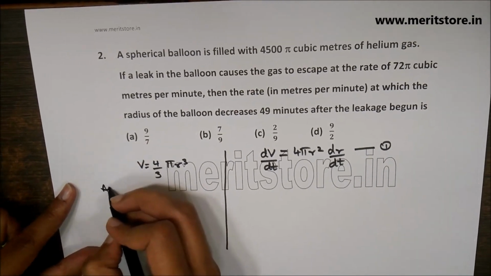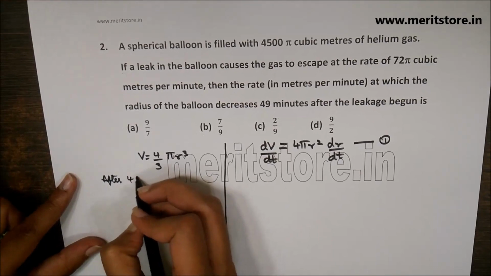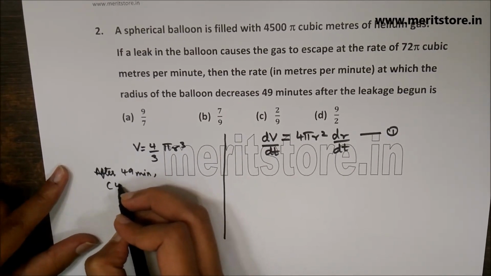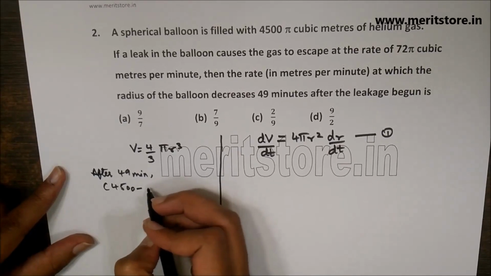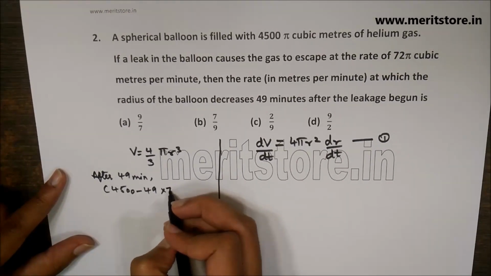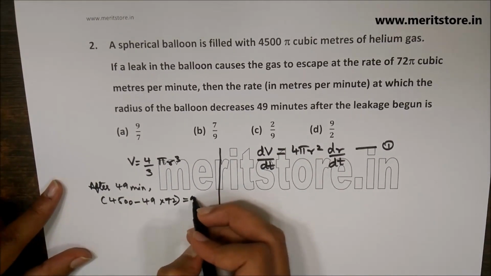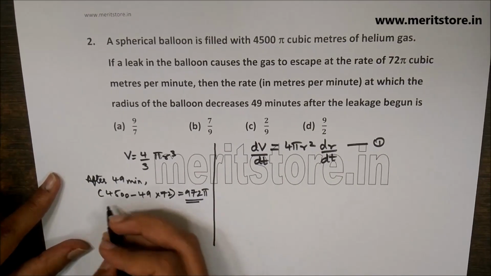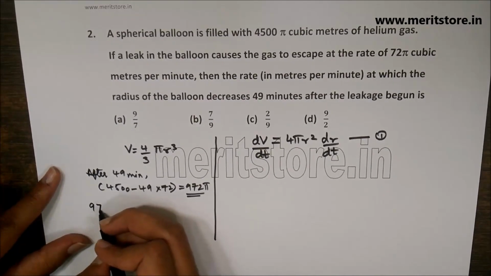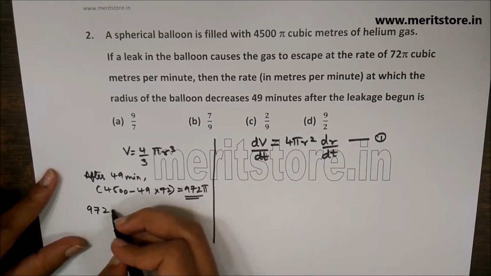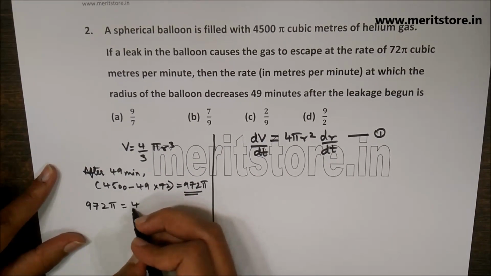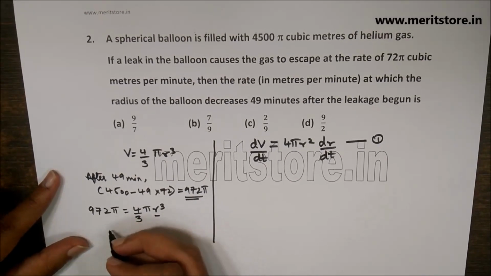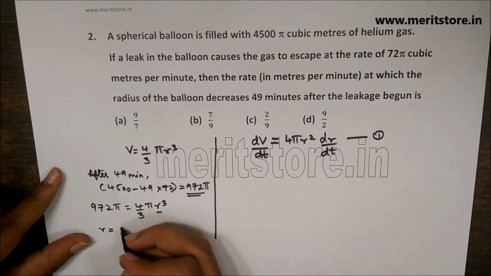After 49 minutes, the volume is 4,500 pi minus 49 into 72 pi, which is equal to 972 pi. So the new volume is 972 pi. Let's substitute this into the volume equal to 4 by 3 pi r cube. We can find the value of r from here. So r will be 9.